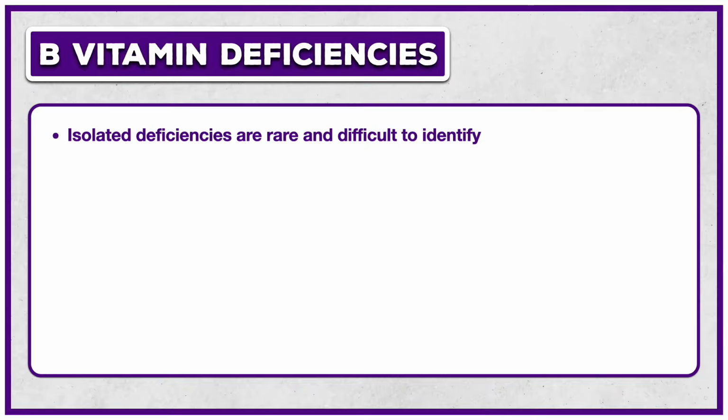One final reason to address the B vitamins in unison is that isolated deficiencies are rare and difficult to identify. Vitamin B12 is an exception to this, as a deficiency is easily identified through blood testing and is not all that uncommon due to some unique dietary preferences that limit intake and medical conditions that limit absorption.